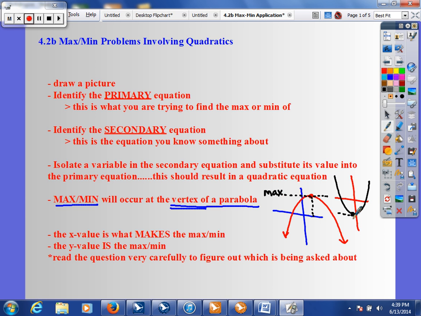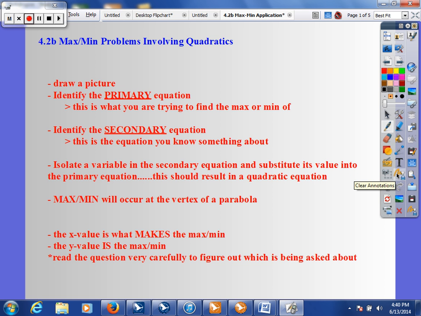This one, you can look at it, would be the reverse, where we have an x value that produces a minimum value. And so with quadratics, what we end up producing is max and mins, these extreme values, and they always occur at the vertex for these quadratics. And so what we want to do is find the x value of the vertex, because that's what makes the max or min, and the y value of the vertex is the max or min.